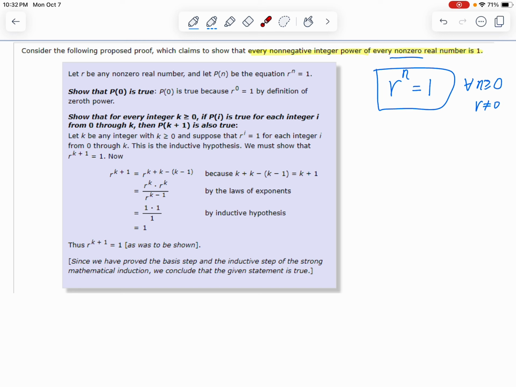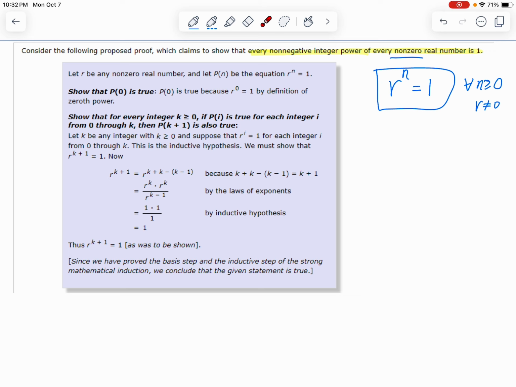Now let's take a look at the proof. Let r be any non-zero real number, and let P(n) be the statement r to the power n equals 1. Now there are two steps. The first is the basis step, to show that P(0) is true.